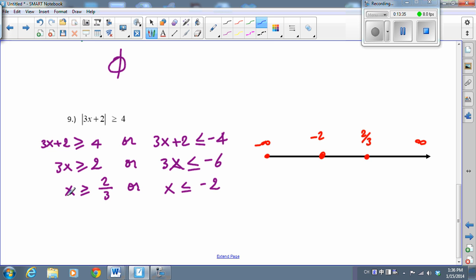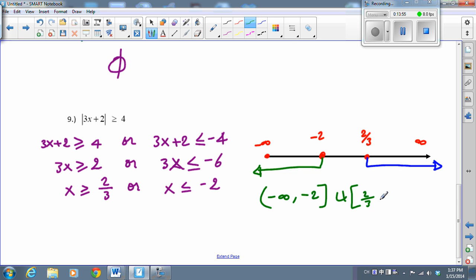I'm saying I want all the x's that are bigger than 2/3. In other words, I'm going this way. The next one, I'm looking for all the x's that are smaller than negative 2. So I'm going this way. Therefore, your solution is from negative infinity to negative 2 with the bracket, union, bracket again, 2/3 till infinity.